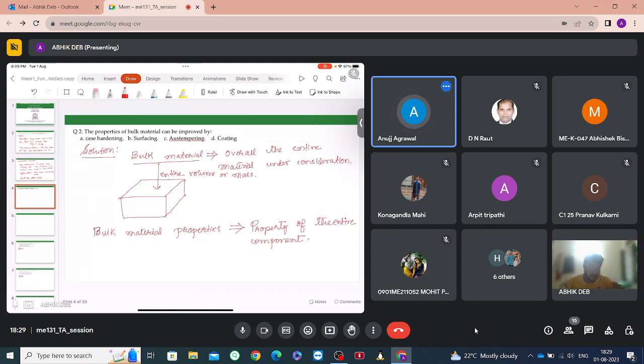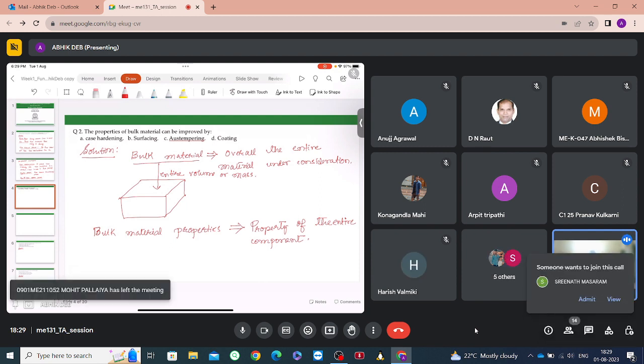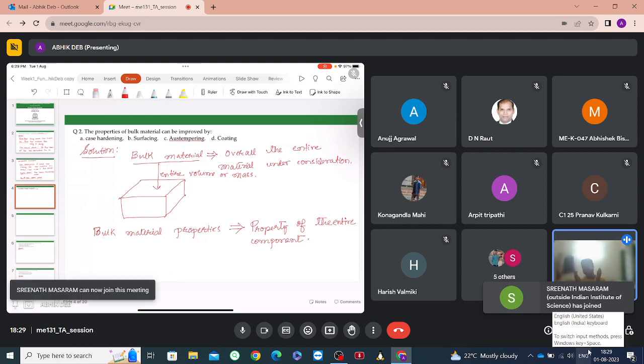Sir, stone. No, that is not... yeah, stone will be a bulk material. I'm asking about the property. What will be the property of the stone that we can tell is a bulk material property? Properties, I mean like density, temperature, pressure, all those things. Stone is a bulk material, but which properties of the stone can be classified as bulk material properties?